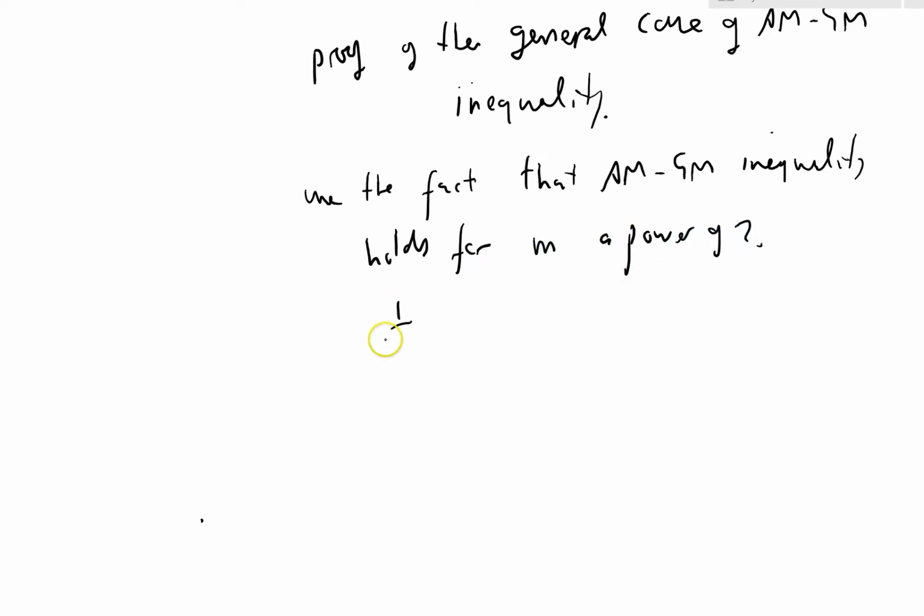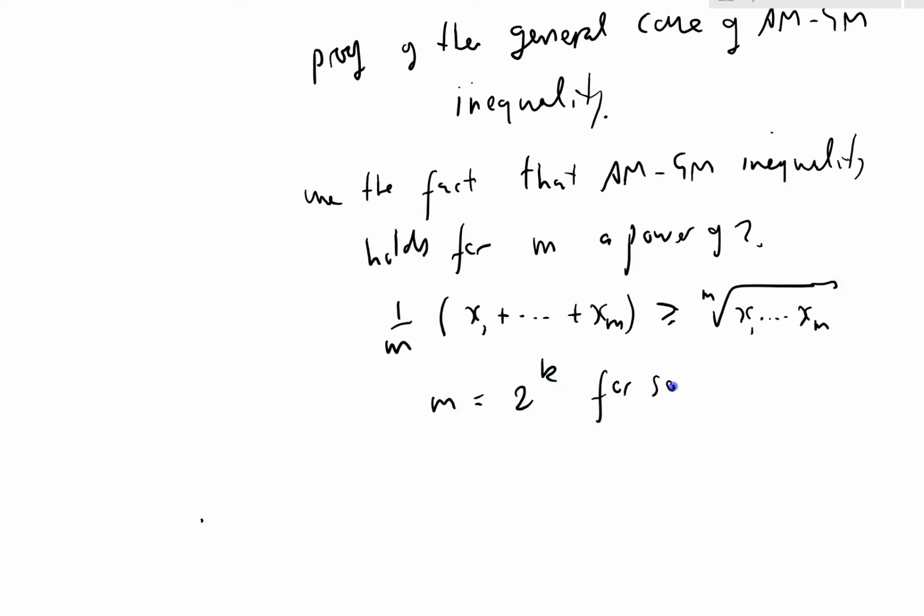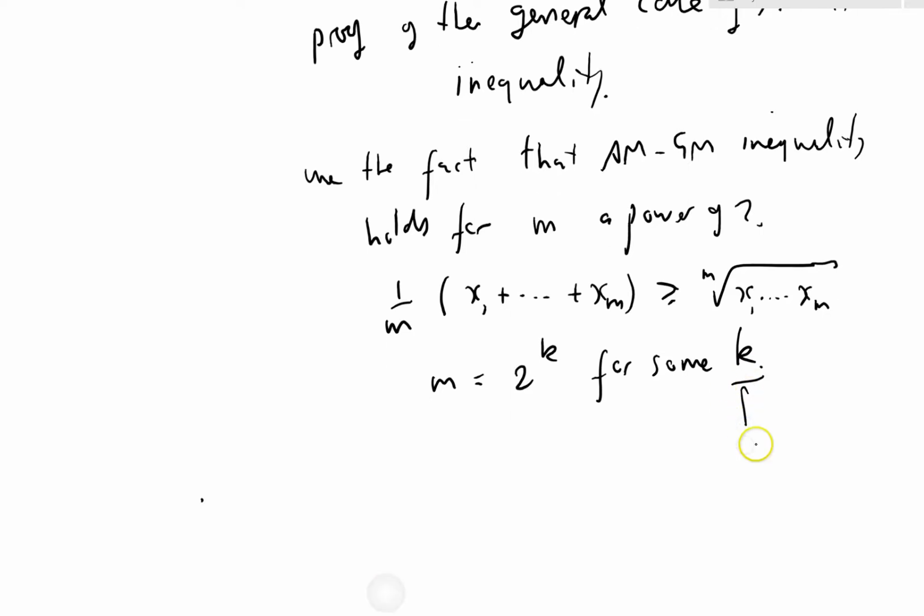So what that means is that 1 over m times (x1 plus dot dot dot plus xm) is greater than or equal to the mth root of x1 multiplied all the way through to xm, where m equals 2 to the power k for some k. And we can make k as big as we like.